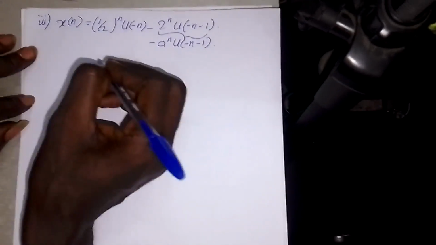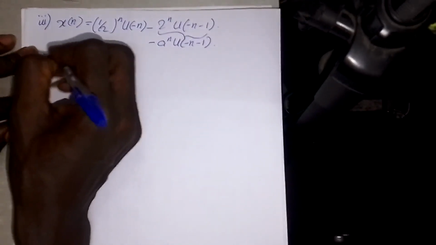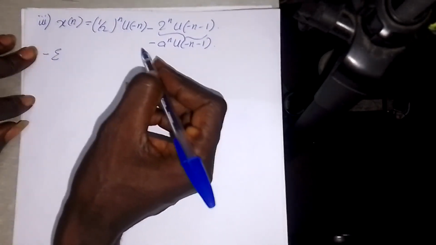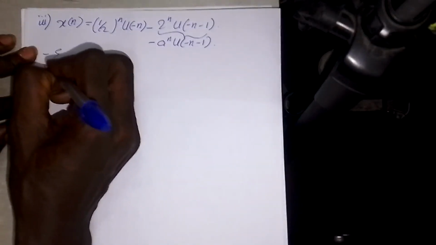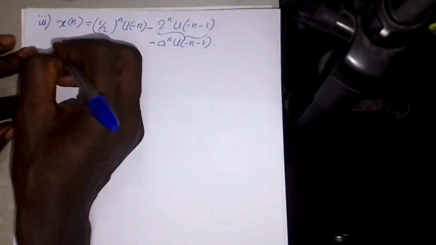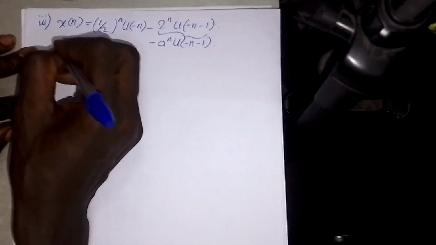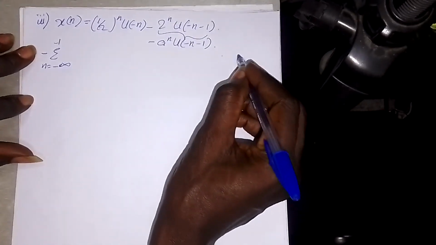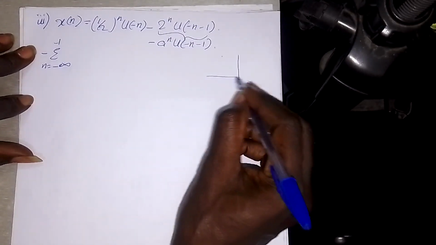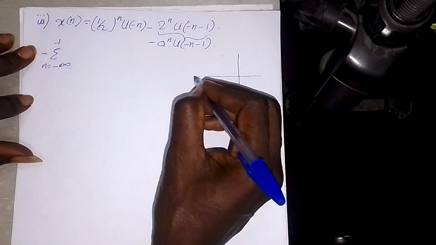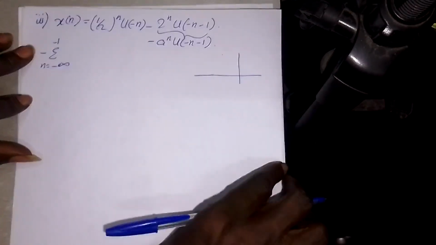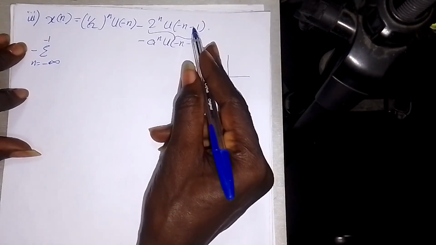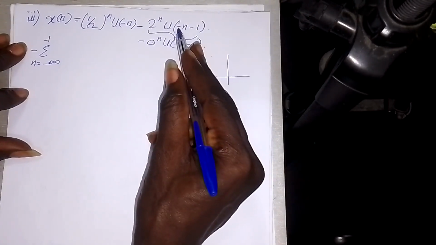What we can say is that we can bring this minus outside. This one is time reversal, and it is from minus infinity to minus 1. Because if you sketch this sequence, you will know that it's going to be like this. The n equals 1 here is not going to be positive 1, it's going to be negative 1 because of this negative sign.